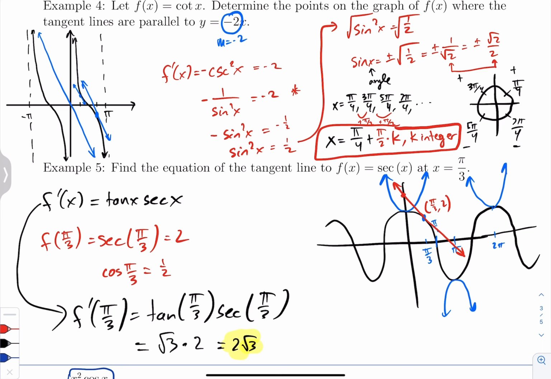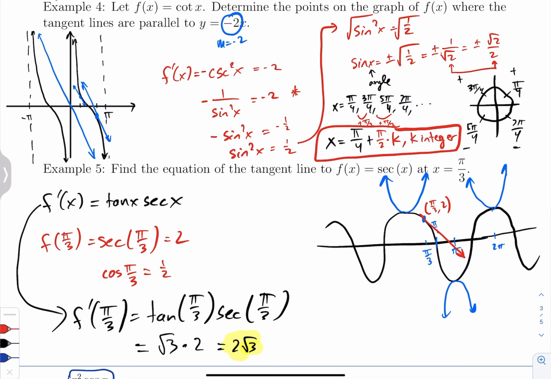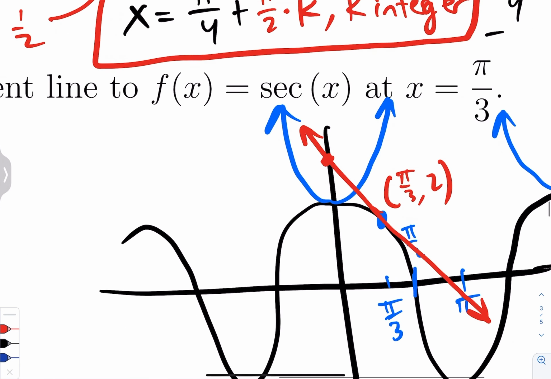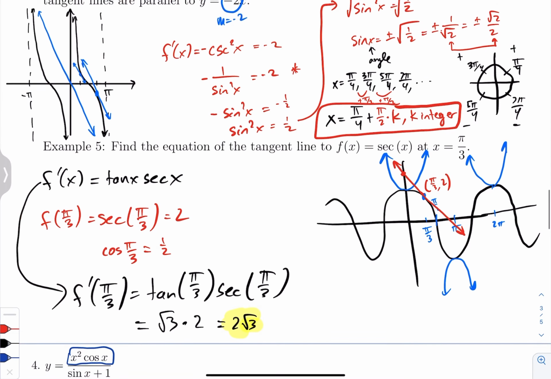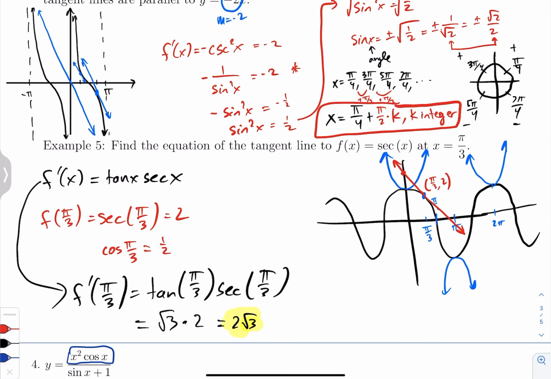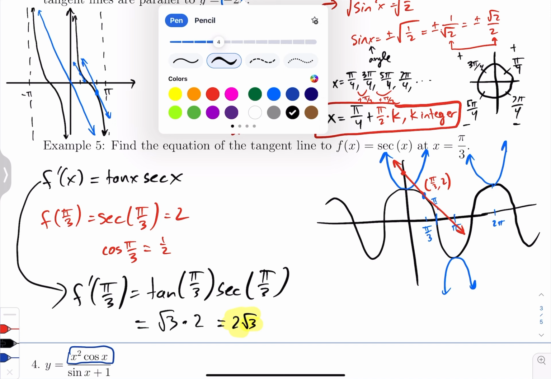Here's the error. This red line that I drew is hitting the cosine graph, not the secant graph. That red line is on the cosine graph. I'm not going to get a very high rating on my YouTube video.